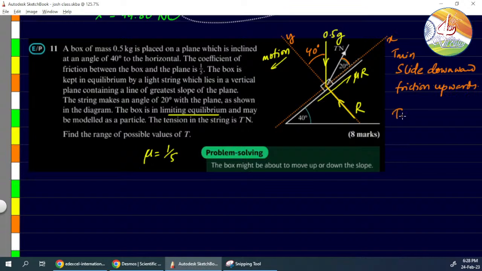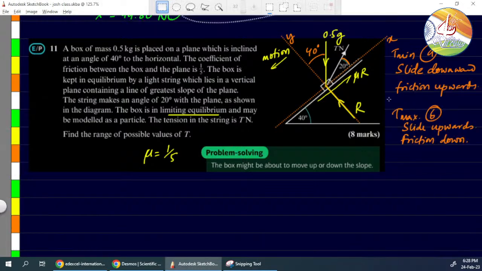And if T is maximum, then it will slide upwards. It will try to slide upwards and friction will be downwards. Okay, so this is what we need to understand. So first let us take sliding downwards, so friction will be upwards. Okay, so let's take this as a bit, this as b bit.